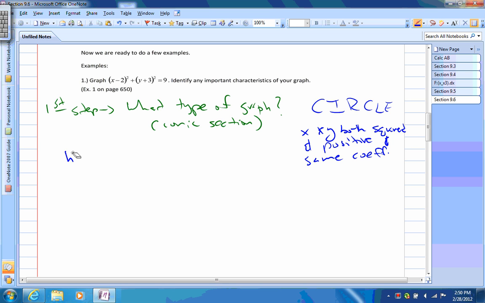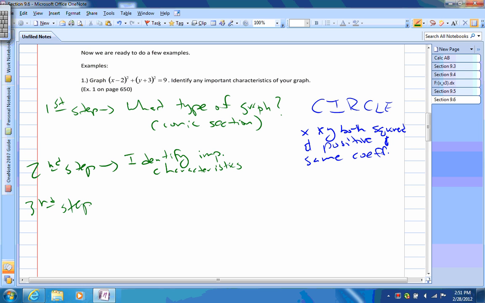So the second step will be to identify the important characteristics. And the third step, just graph it.